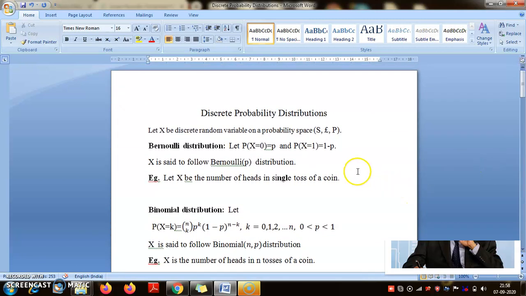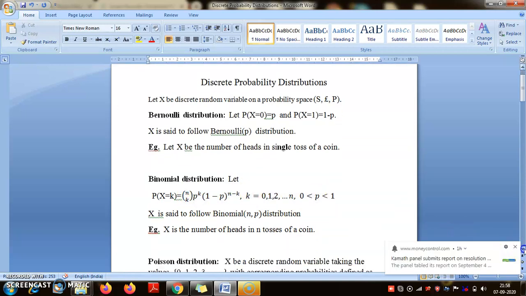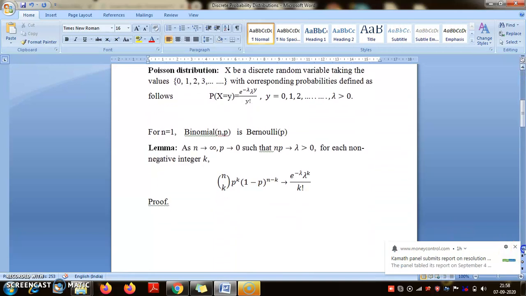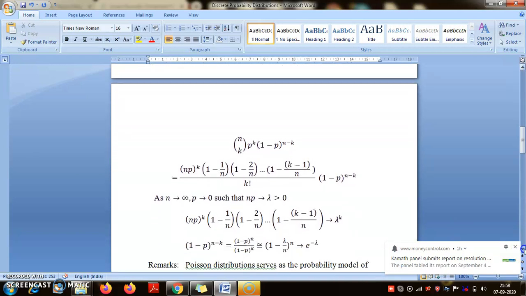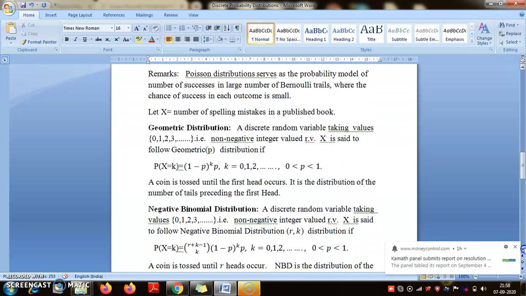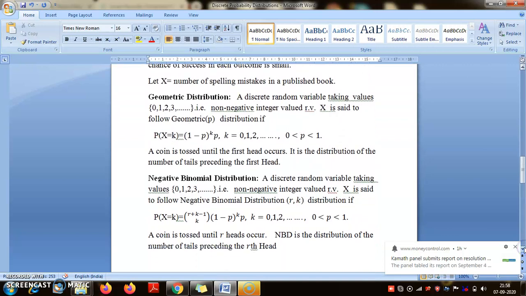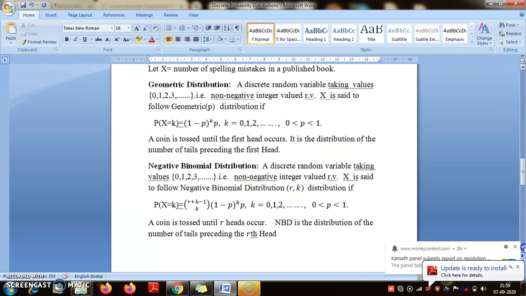Bernoulli is tossing a coin once and counting the number of heads. Binomial is tossing a coin n times, n fixed, and counting the number of heads. On the other hand, geometric and negative binomial are distributions obtained by tossing the coin as many times as needed in order to get a specified number of heads.